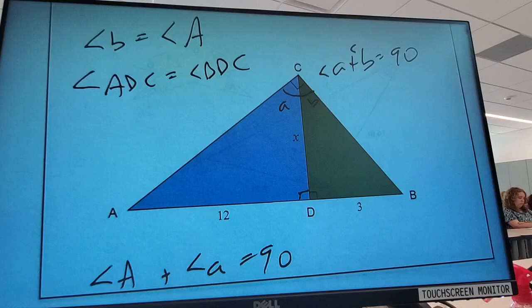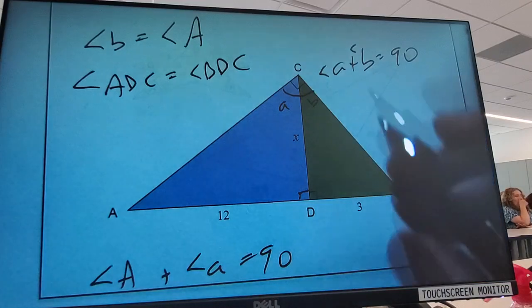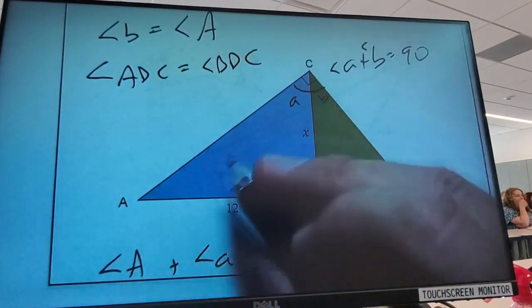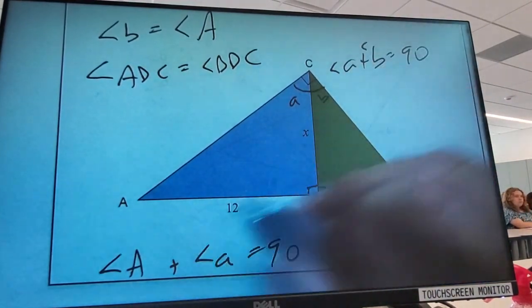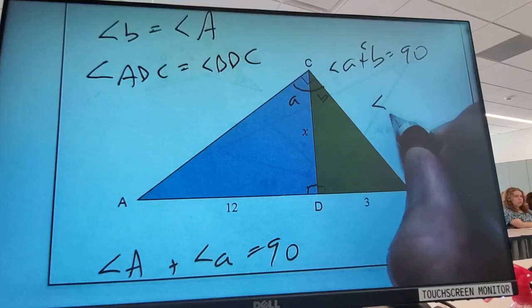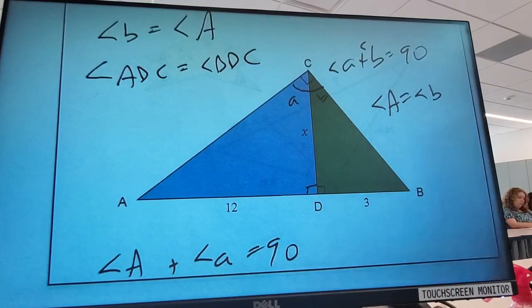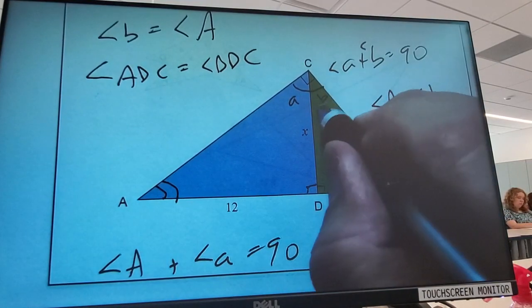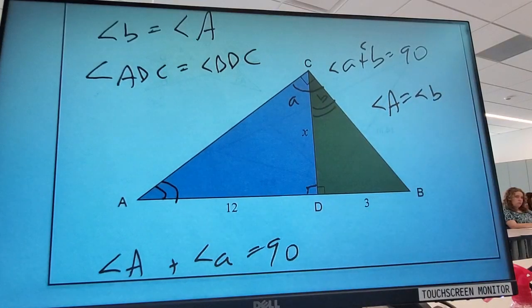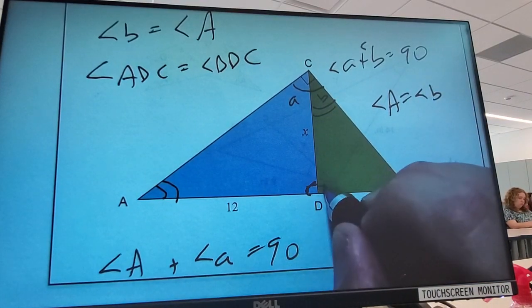These two angles are the same. So I know that angle big A is equal to angle little b. I know that this angle is the same as that angle.